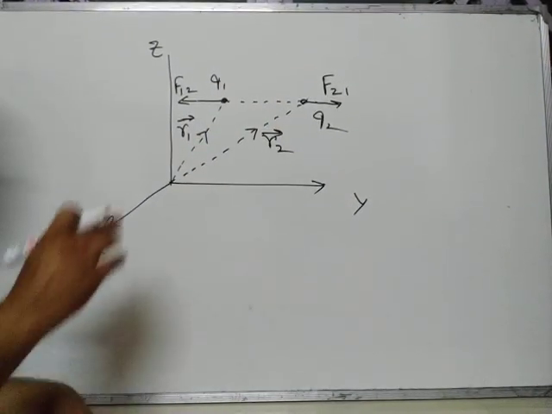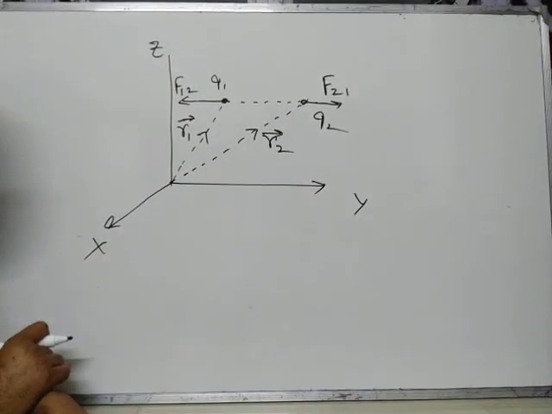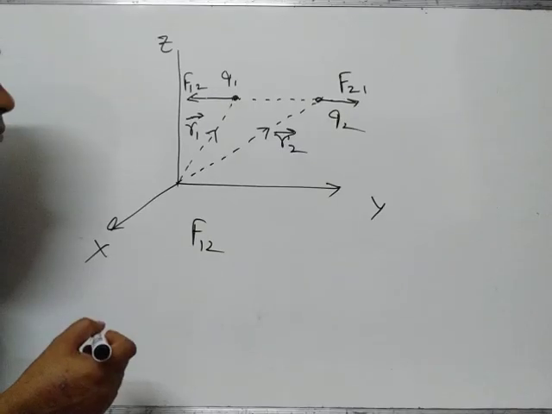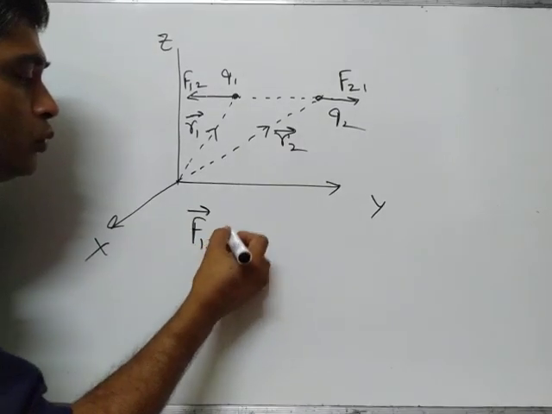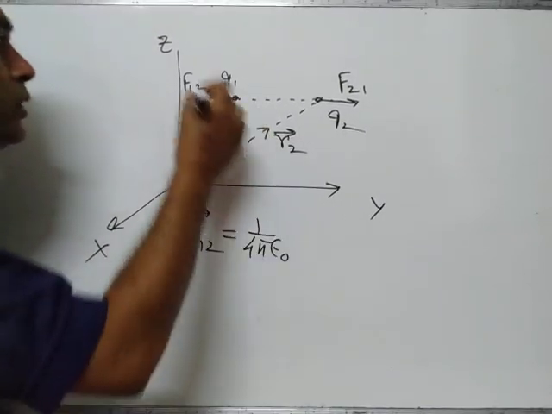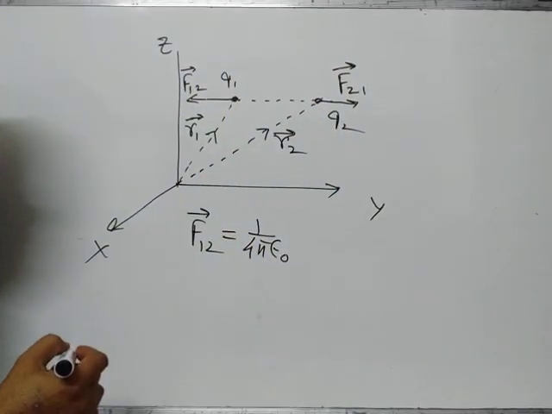Then what would be the value of this F12? F12 would be 1 by 4 pi epsilon 0. Here F12 would be a vector quantity.